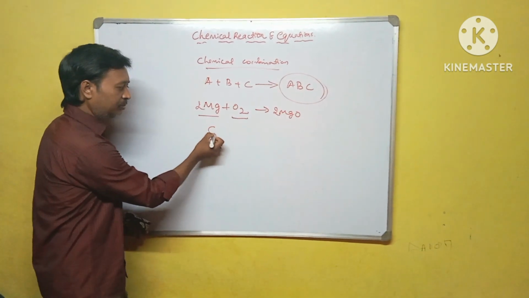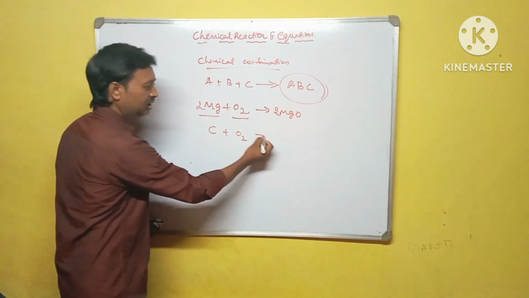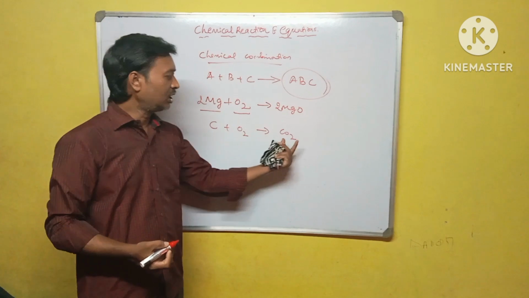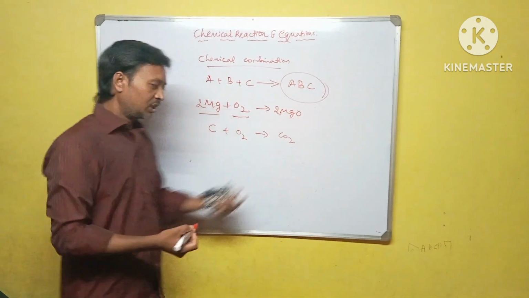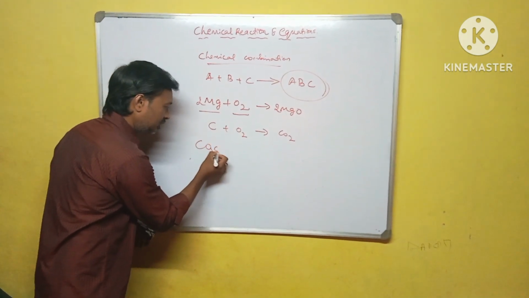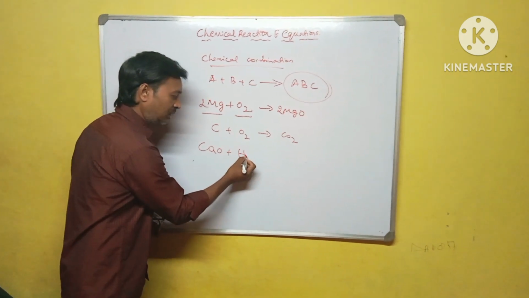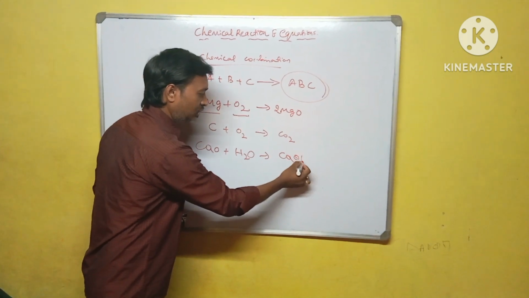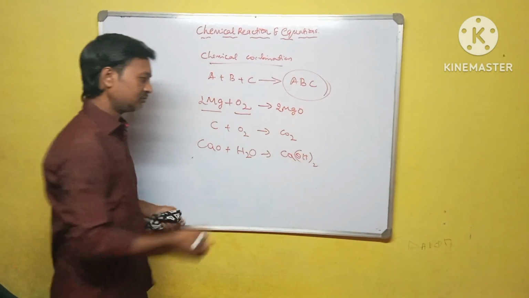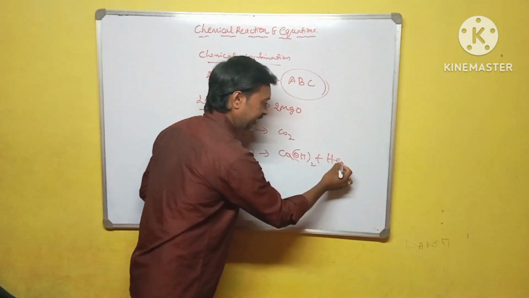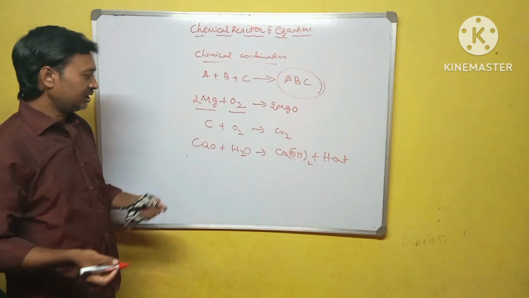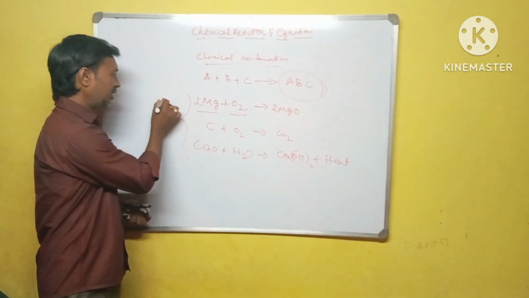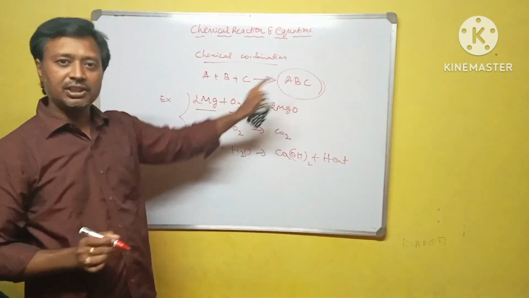If you burn carbon, it consumes oxygen and gives carbon dioxide. Two reactants and one product. If I pour water onto calcium oxide, it gives calcium hydroxide, plus heat is liberated. These are all examples of chemical combination reaction.